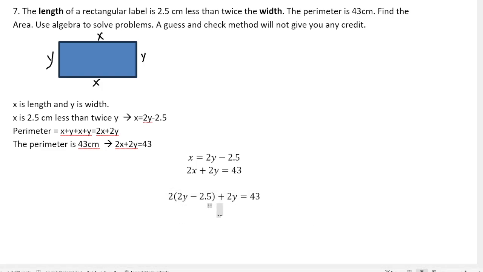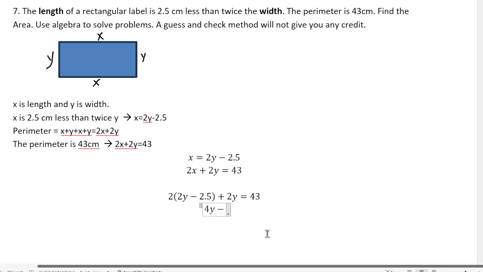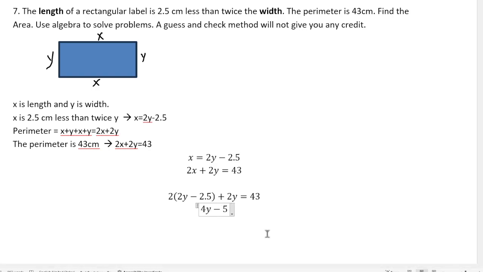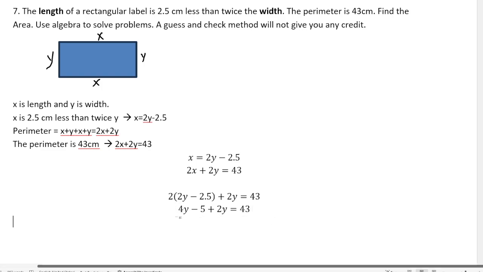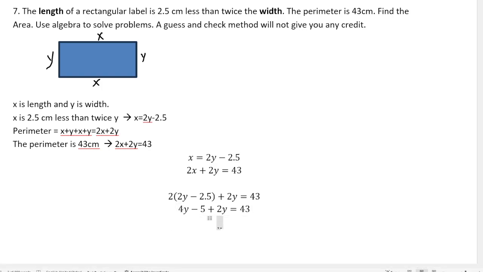And 2 times 2y is 4y, minus 2 times 2.5 would be 5, and then plus 2y equals 43. Now, 4y and 2y are like terms, so they combine to be 6y.